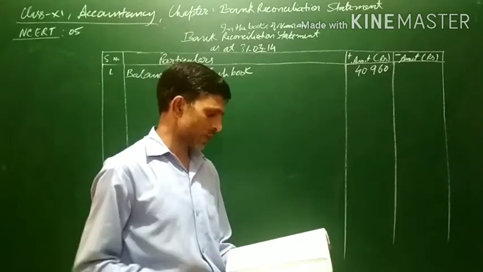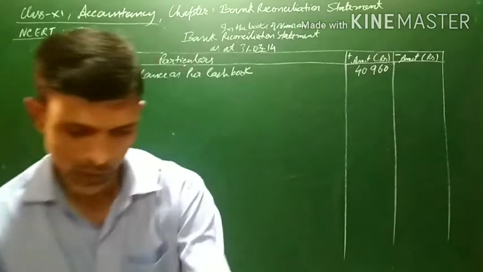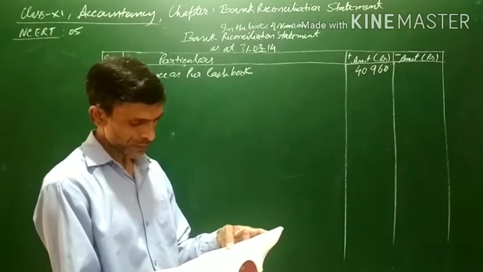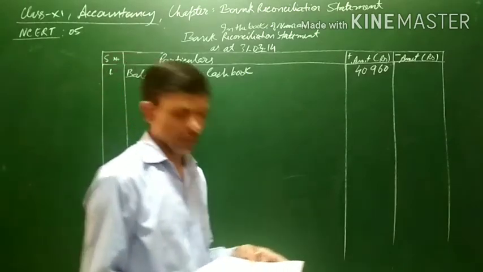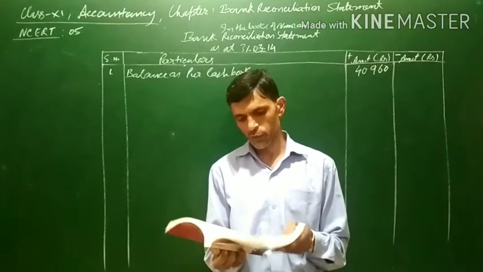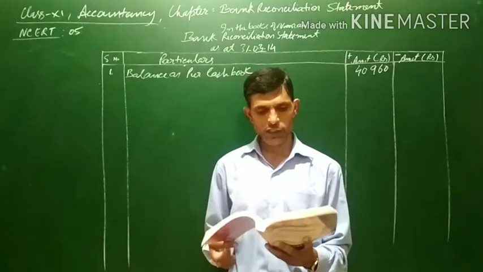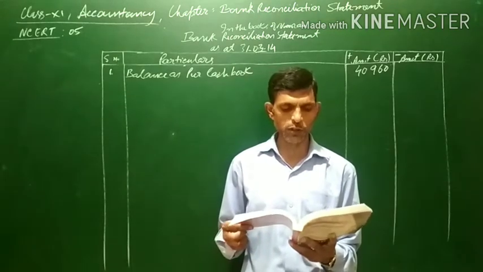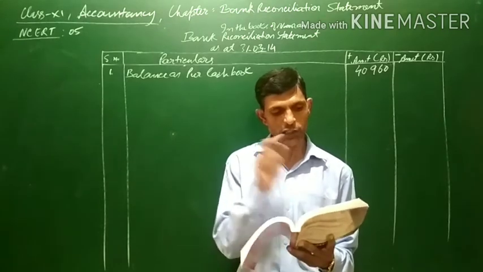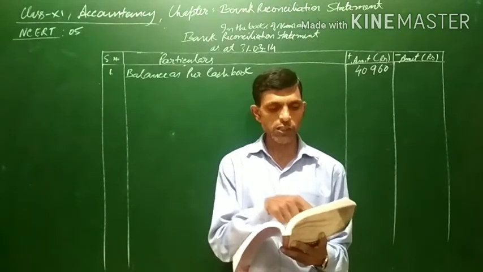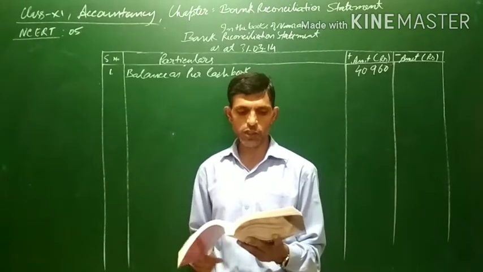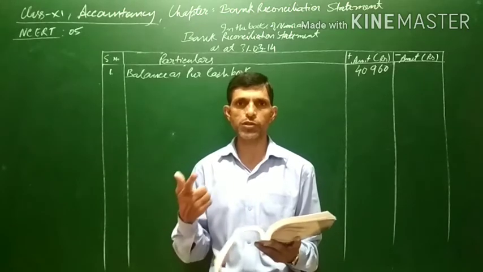Now what are the differences? The reasons for differences are given. First of all, there are bank charges of rupees 100 on 31st March. One more thing to be noted is that there is a misprint in the second line of the question. It is given that on March 31, 2014, but in the remaining part of the question, everywhere it is mentioned 31st March 2017.